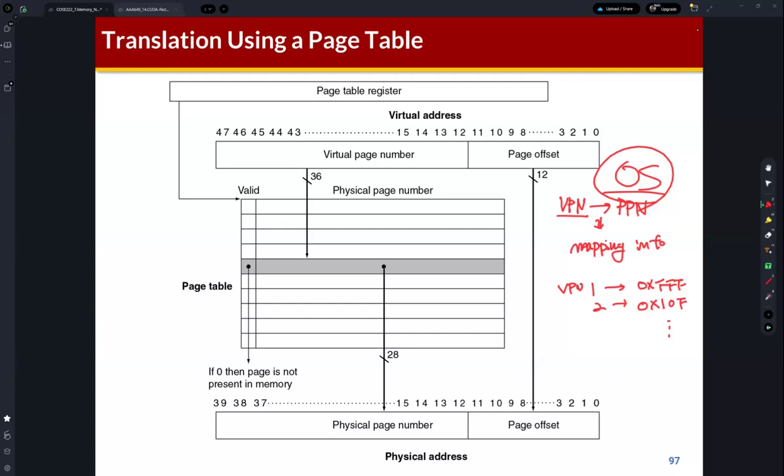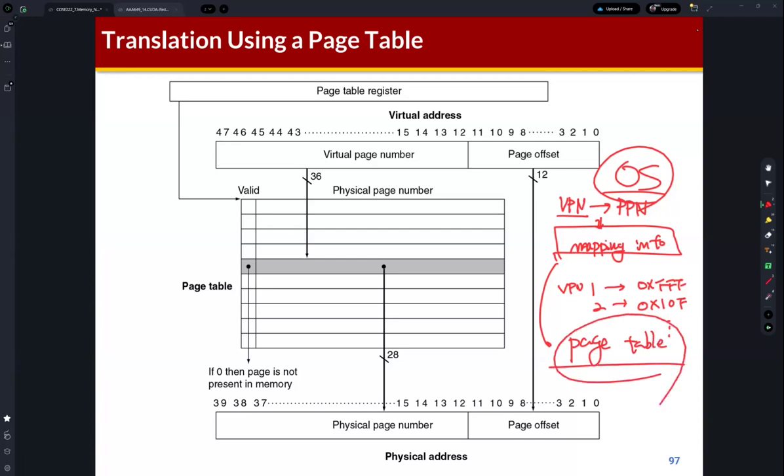So this mapping information is managed by the page table. The page table is assigned to the launched process. And using this page table, this mapping information is provided.